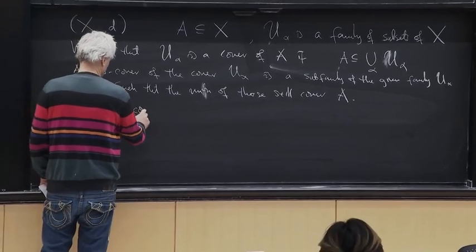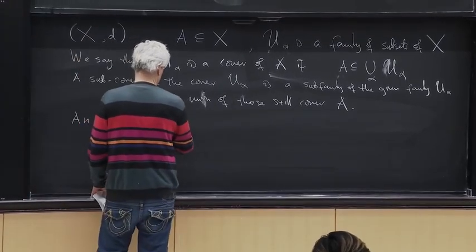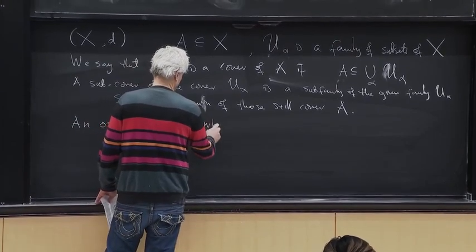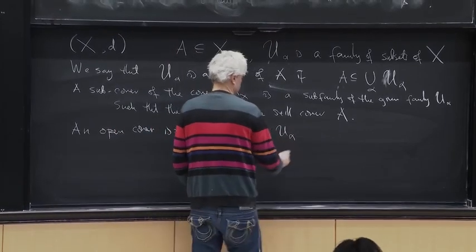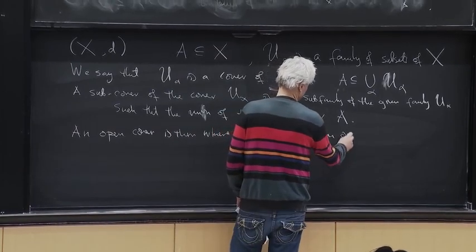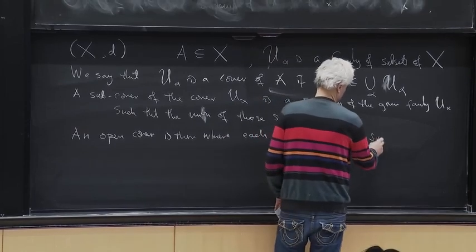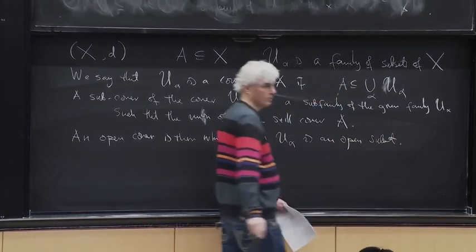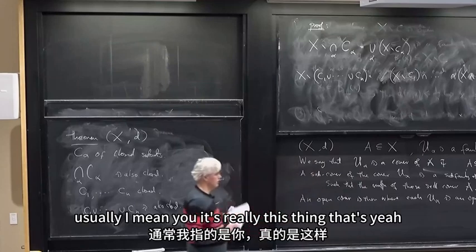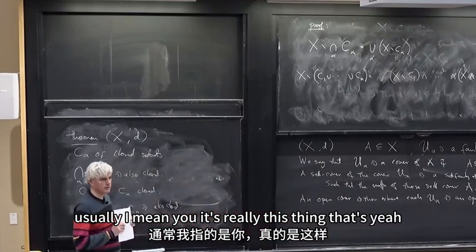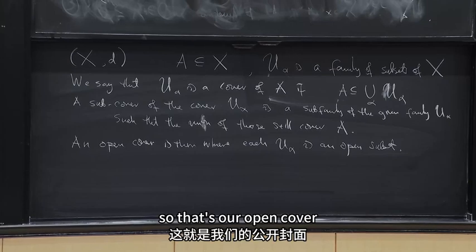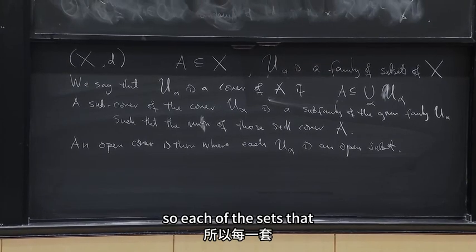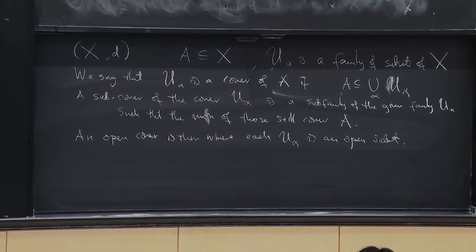An open cover is then a cover where each U alpha is an open subset. So each of the sets that is in the covering has to be open.